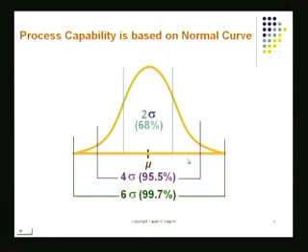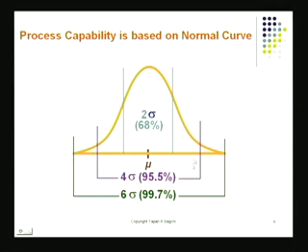So something for us to remember is, if the distribution is normal, then within plus and minus 1 sigma, I'll have 68% of output. If I expand that range to plus and minus 2 sigma, I'll have 95% production in that new range.